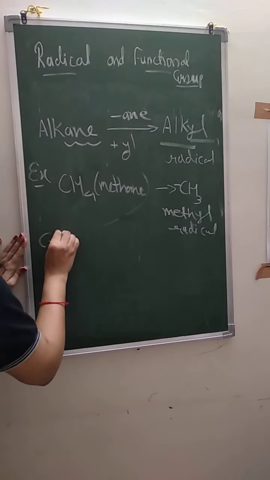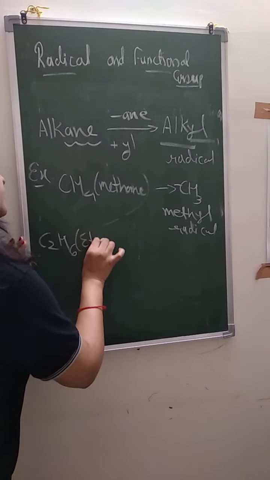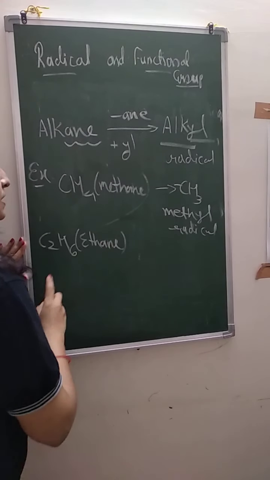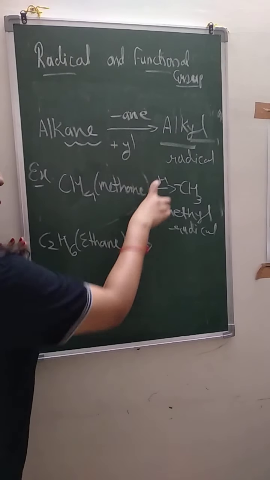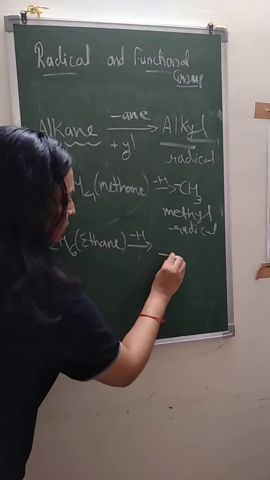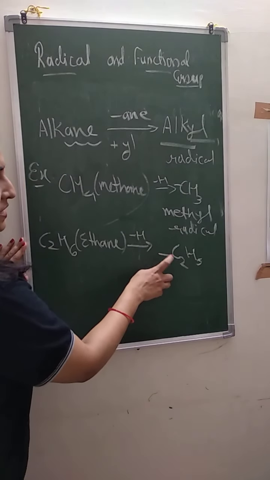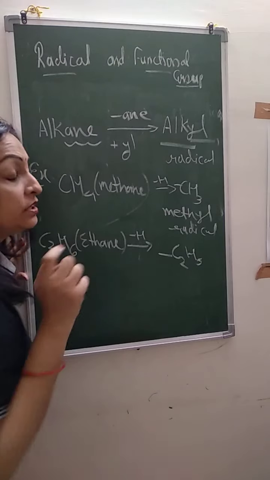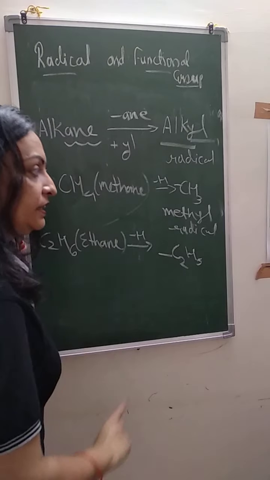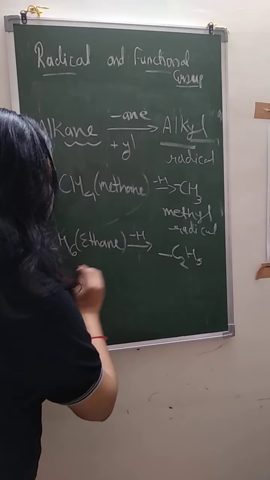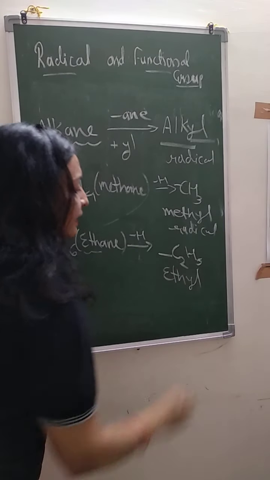Next, C2H6. It is ethane. Hydrocarbon is ethane. Now again, H is removed. One hydrogen is removed. What becomes here? C2H5, and this is the vacant position. The presentation of vacant position is a must for writing the radical. So what is its name? Ethane. So the name of this radical is ethyl.